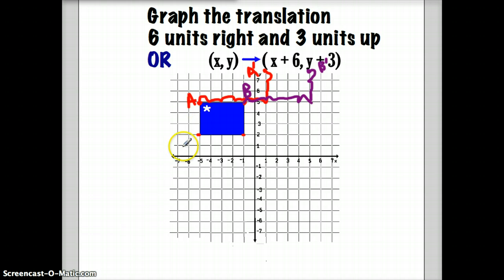Same with C. Over 6 and up 1, 2, 3. And lastly, point D. Over 6 and up 1, 2, 3.